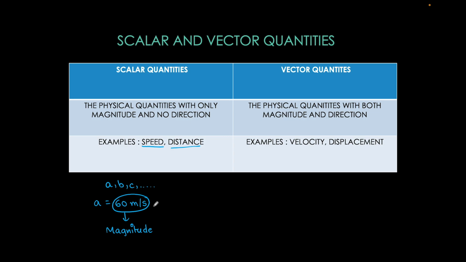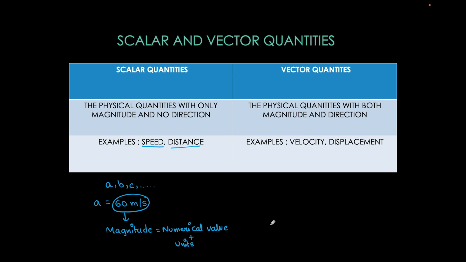We will talk about later. So magnitude is basically a numerical value plus some units. Okay, so this is what scalar quantity means.